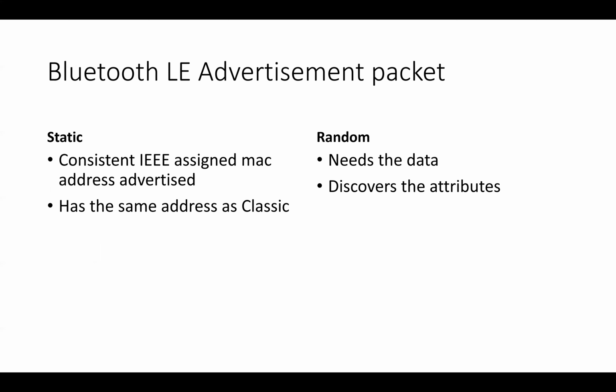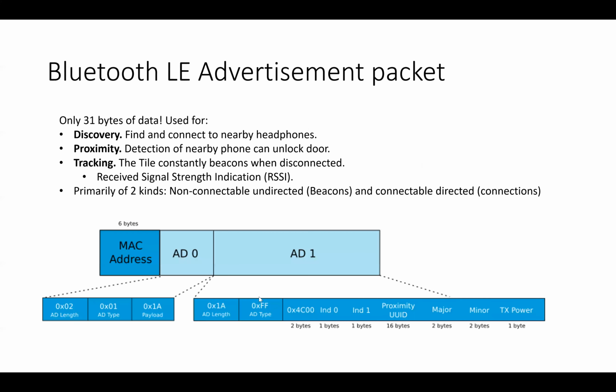When you say randomized, does that mean the ID that it broadcasts changes, or what exactly is being randomized? Yeah, it's the MAC address. Usually there's a physical MAC address that is burned into the system that you have to get from the IEEE.